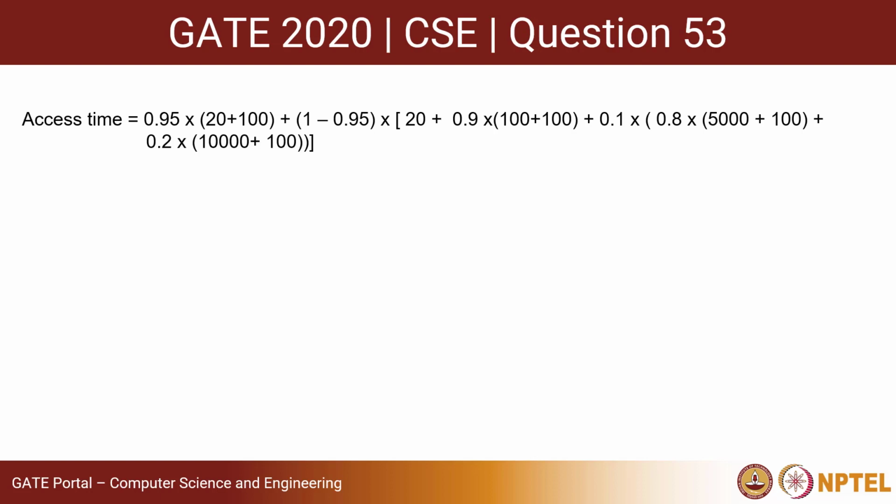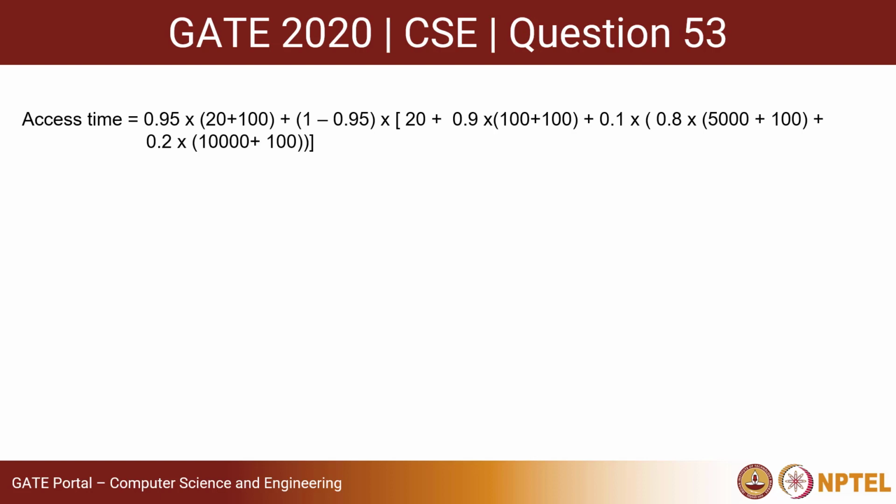Plus, whenever there is a dirty bit present in the system, 5000 nanoseconds will be taken to write those pages back into the secondary memory, plus 5000 nanoseconds will again be taken to bring the required page from the secondary memory to the main memory. So the total time consumed whenever there is a dirty bit will be 5000 plus 5000, which equals 10,000 nanoseconds.